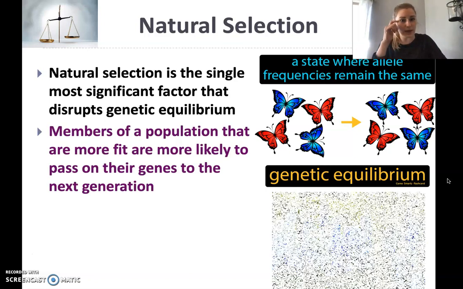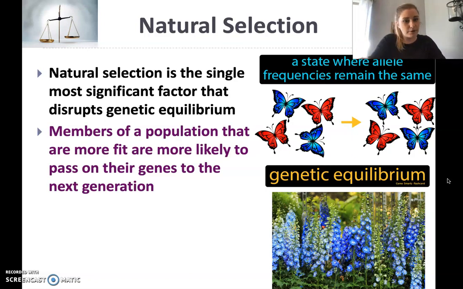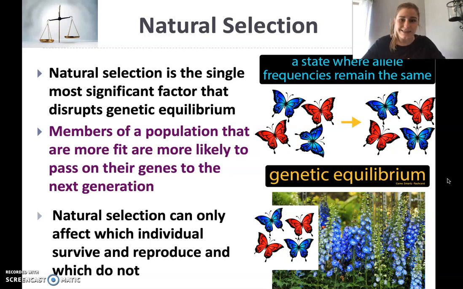So the example that we have here is the butterfly community. Let's say that this butterfly community lived in a space where there were both red and blue flowers. Chances are both the red and blue butterflies are going to stay the same. Now, if a member of a population is more likely to survive, like if we are in a field of only blue flowers and no red ones, then which individuals are we going to see thrive?